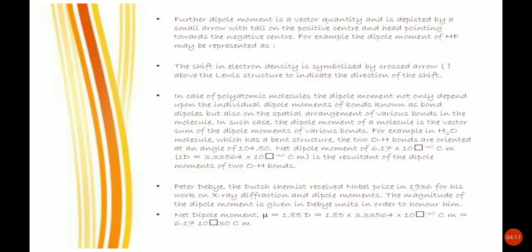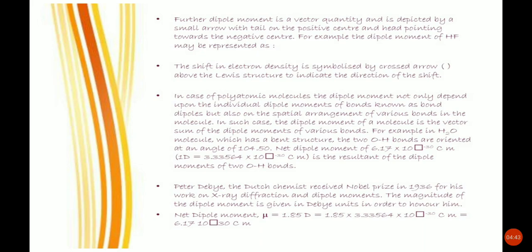Now, the dipole moment is a vector quantity. I think you have studied in physics. A vector quantity has both magnitude and direction, and a scalar quantity has only magnitude, no direction. It is a vector quantity and is depicted by a small arrow with a tail on the positive center and the head pointing towards the negative atom.